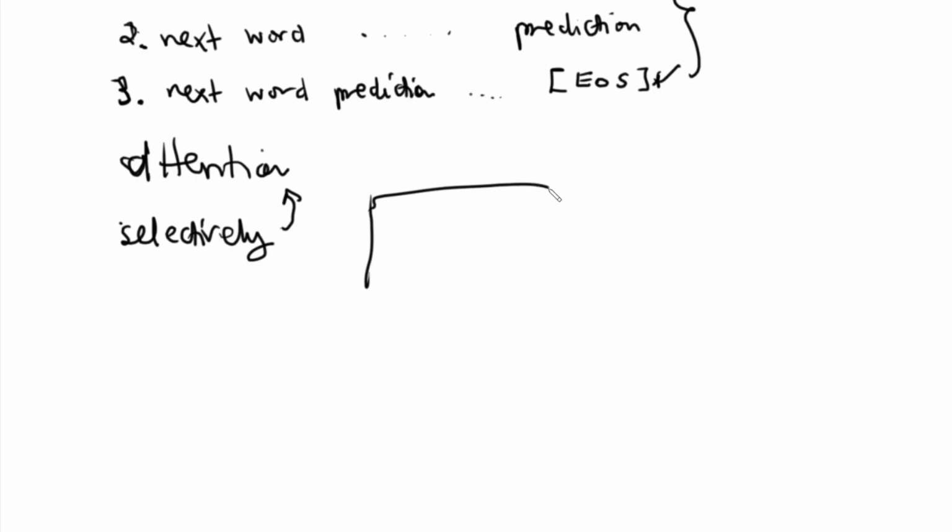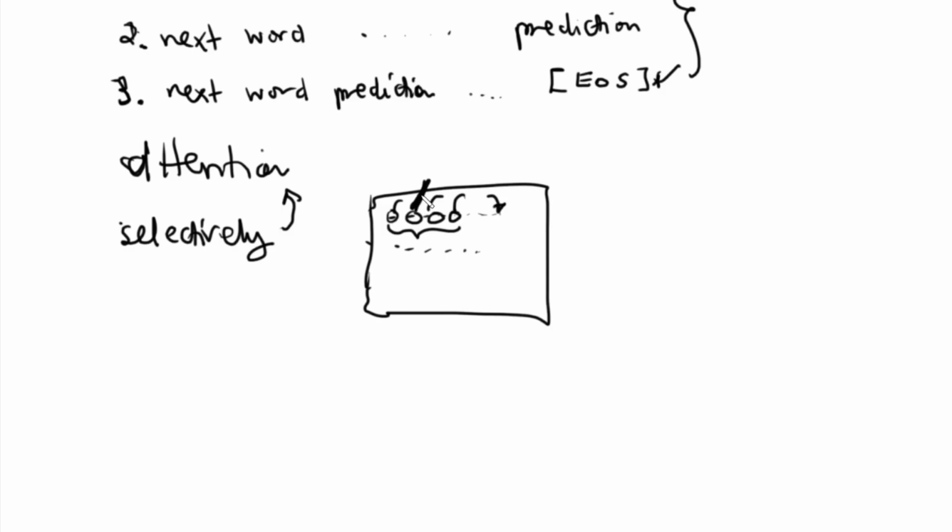We can give it a paragraph with words, and for it to properly predict the next word, it will selectively choose what it wants to pay attention to in the input sequence.